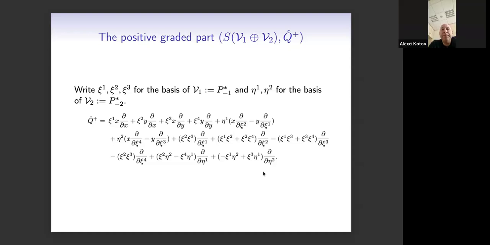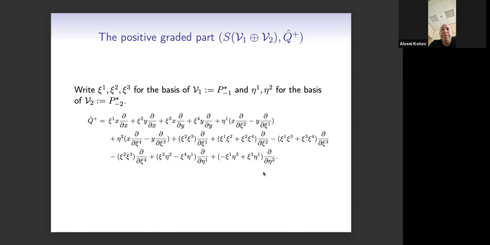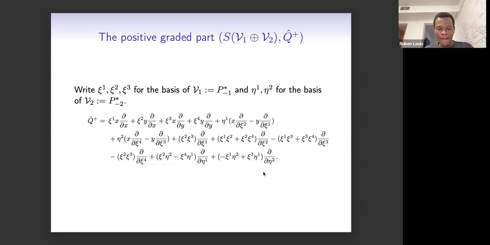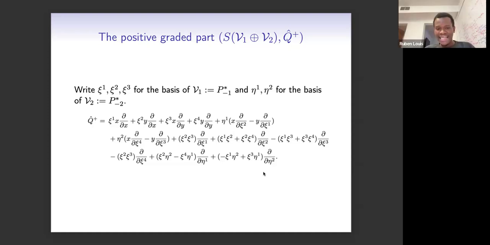And this is where the arborescent Koszul-Tate plays a role, because in the arborescent Koszul-Tate, we have this homotopy retract, and this homotopy retract is very explicit. So using this homotopy retract, we can make another choice that reduces the computation, because in some part you throw them into the homotopy retract, and then you just need to compute a few things.